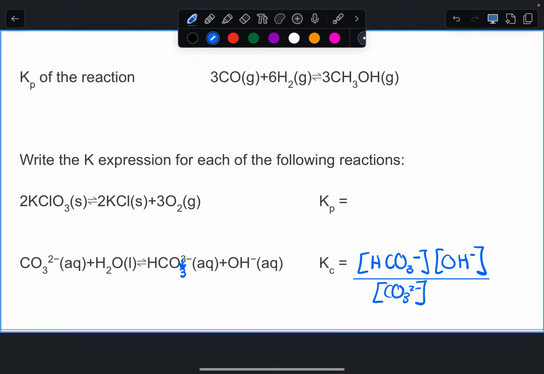So hopefully you realize pretty quick that these are solids. So we don't include those. So the Kp is literally just the pressure of O2 cubed.